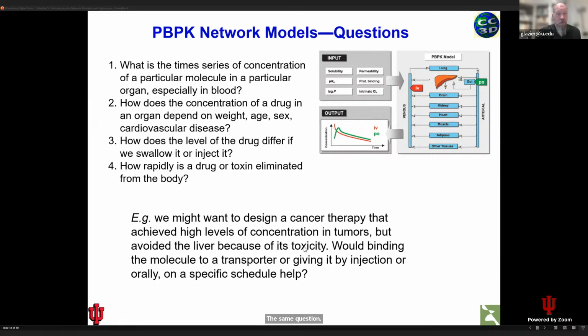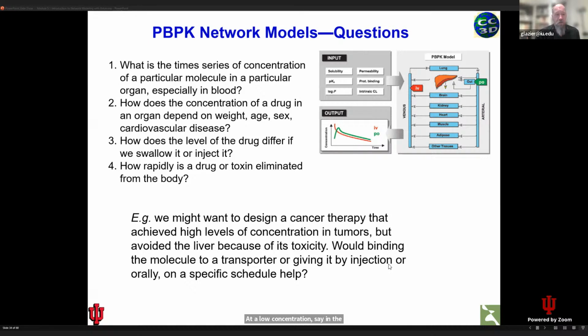Many drugs are useful in particular regions, but are highly toxic in others. Chemotherapies, especially cytotoxic chemotherapies, are the classic example of that. Ideally, we would like a cancer therapy to have a high concentration in the tumor, where it's going to kill the tumor cells, and a low concentration, say, in the liver, where it's going to cause damage because it's very toxic.